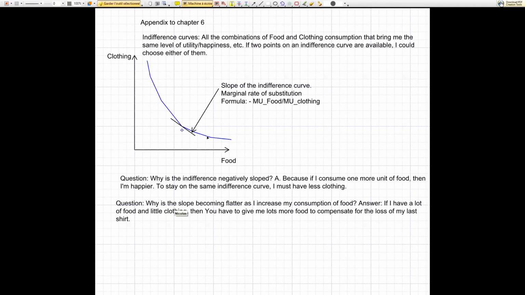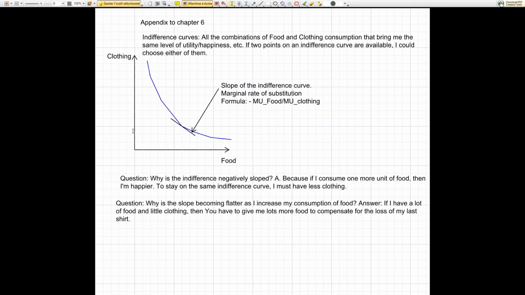If it's very flat, it means that the marginal gain I have from extra food is little, whereas the marginal happiness loss from losing some clothing becomes very high because I have so little.